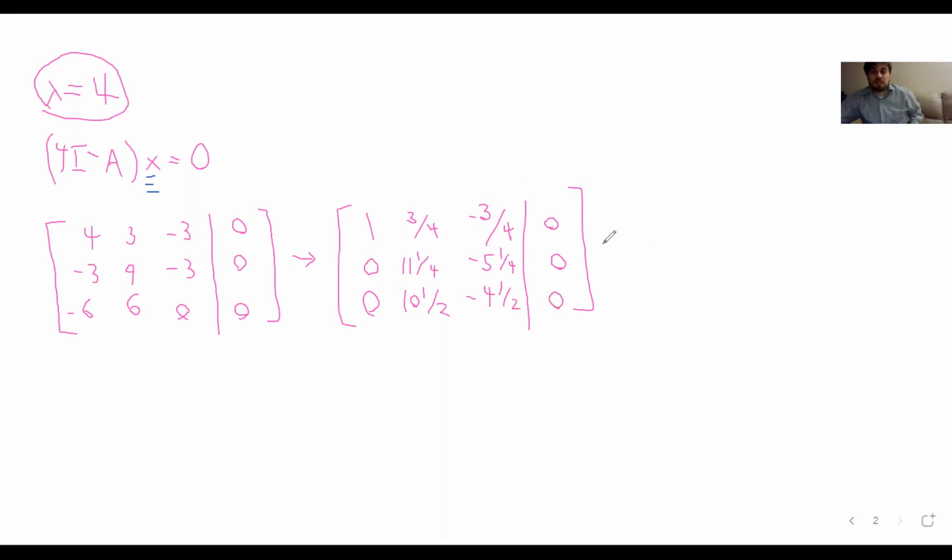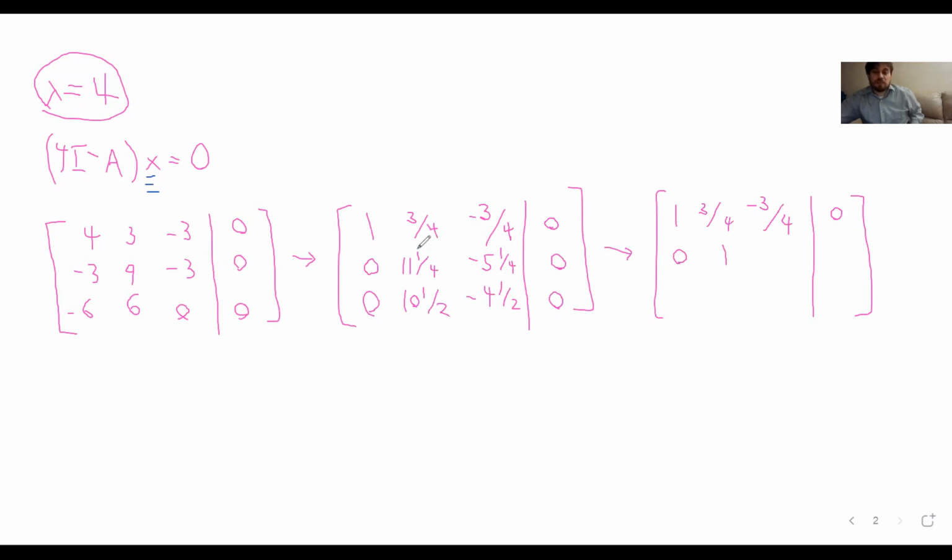Okay, so the goal is to get this to reduced echelon form. The top row is 1, 3/4, negative 3/4, and 0. Now 11 1/4 is the same as 45 over 4. So I'm going to multiply the second row by 4 over 45 to get a 1 here.